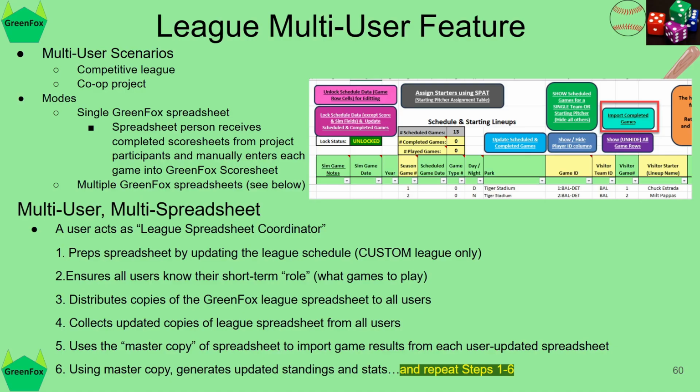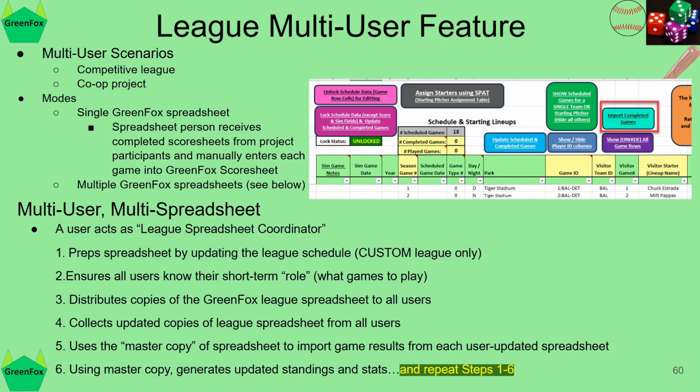And then all the played games are recorded in a single spreadsheet. And then you repeat these steps 1 through 6 by giving everybody that new updated copy, and they play their games on it. They send them back.